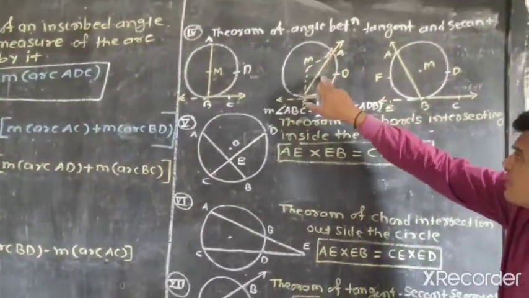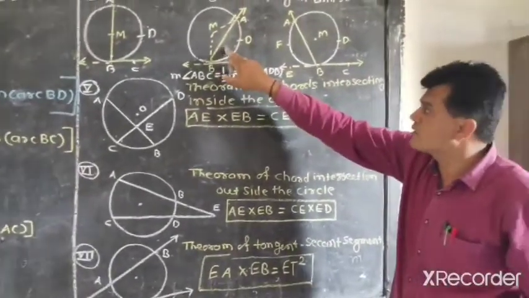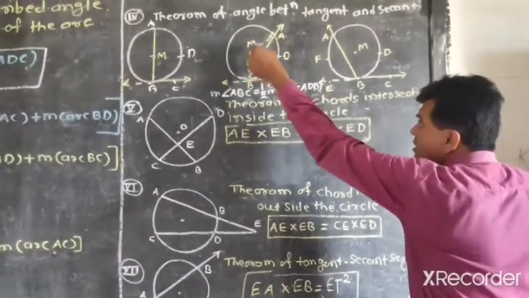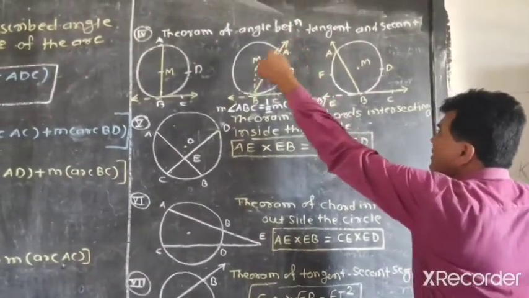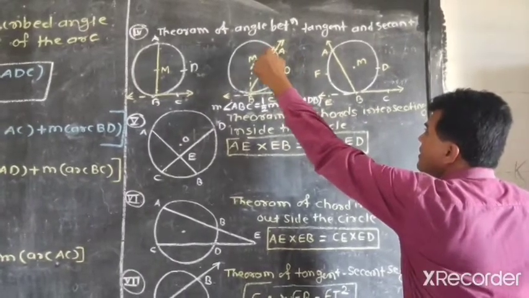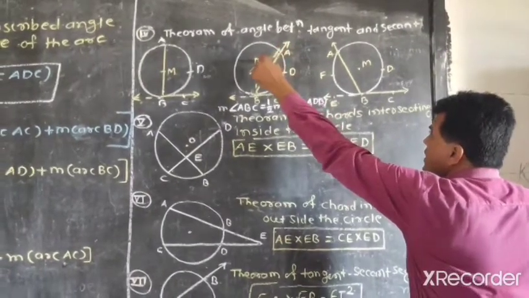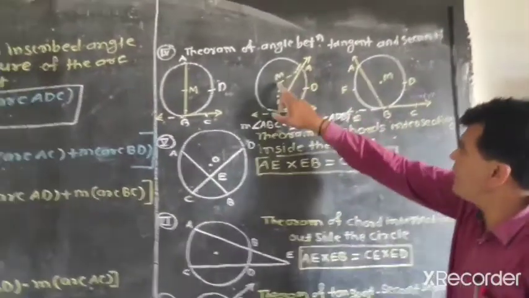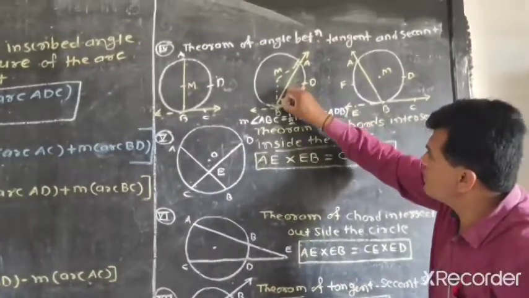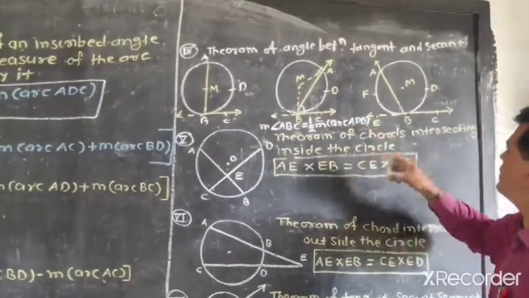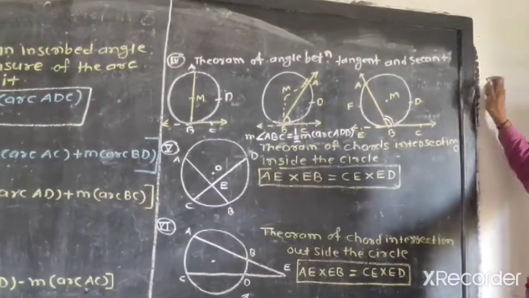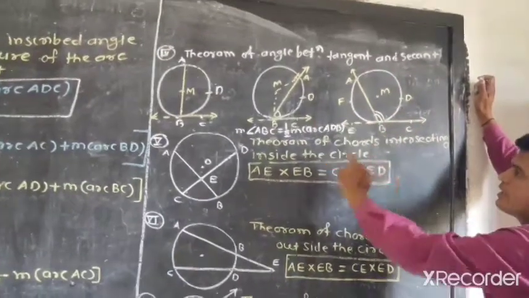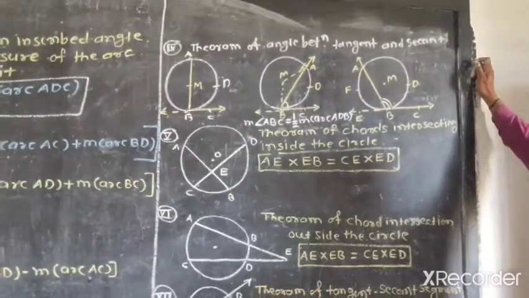Second type: in the circle, the secant is inside the center and outside the center in the third diagram. Then angle ABC is equal to half measure arc ADB. Then for the third type of proof, angle ABC is equal to half measure arc ADB. Then we have the theorem of angle between tangent and secant.